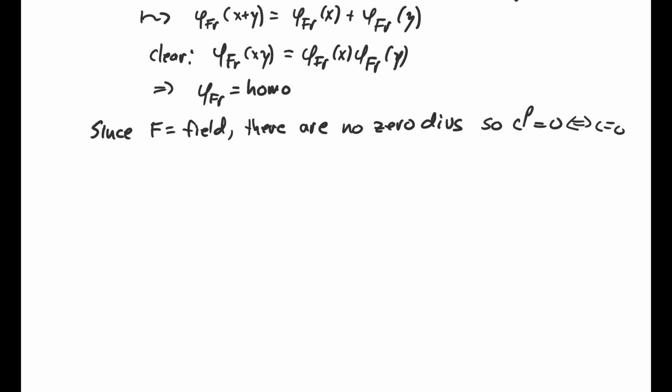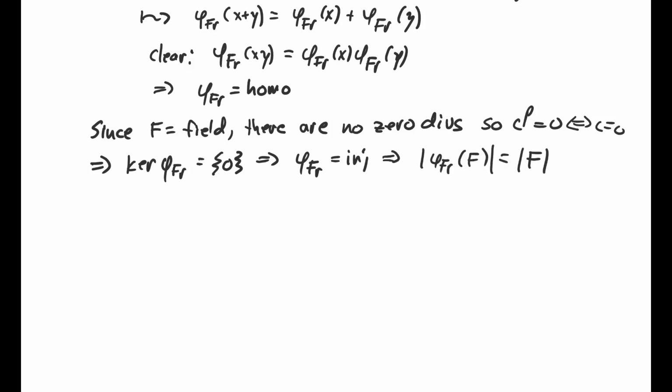Okie dokie. Next, since we have a field, there are no zero divisors, so the only way you can take something and raise it to a pth power and get 0 is if you started with 0, so just pull off c times everyone else. So this says that the kernel of the Frobenius homomorphism is 0. In turn, this says that the Frobenius homomorphism is injective.